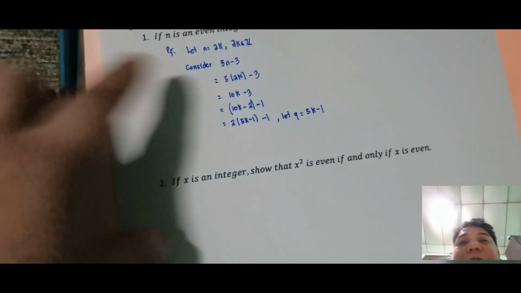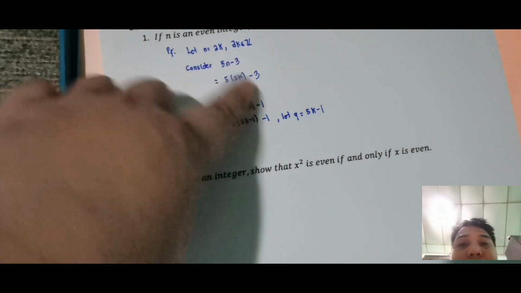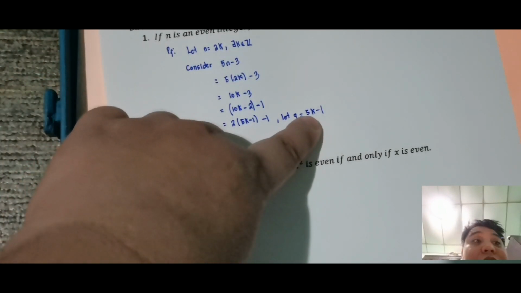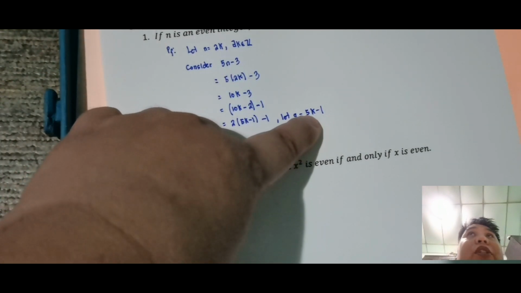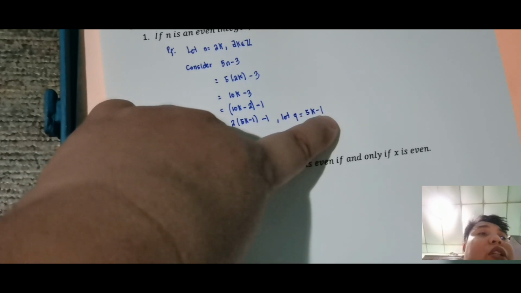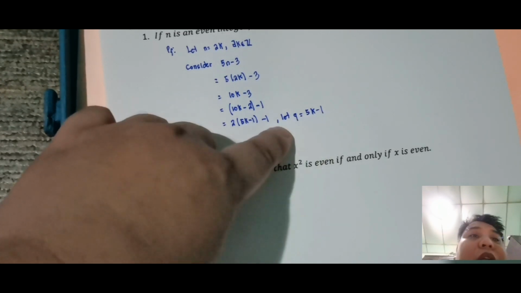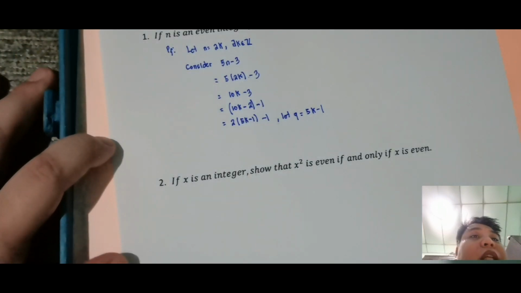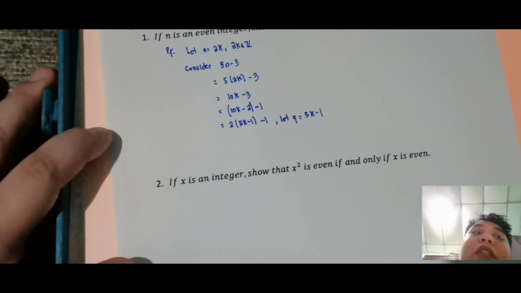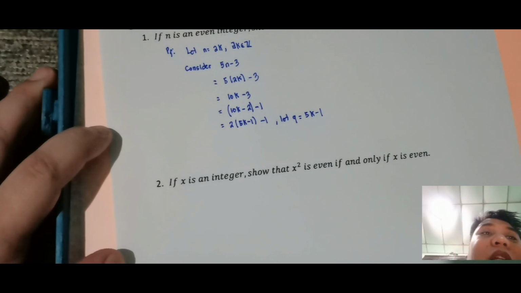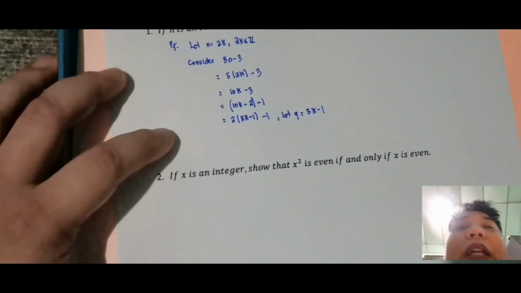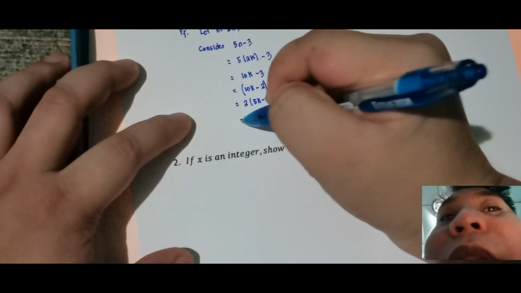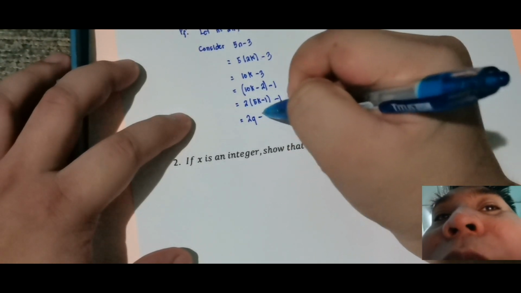Kasi si k integer, so 5 times k, integer yun. 5 times integer is integer, minus 1, which is integer. So, therefore, si q integer. Ulitin ko lang: si k galing sa integers, so 5 times integer is also an integer, minus an integer, which is 1, is also an integer. So, this implies that this is 2q - 1.